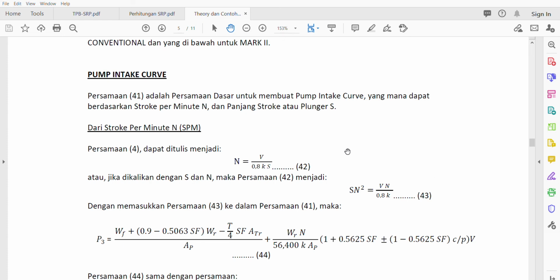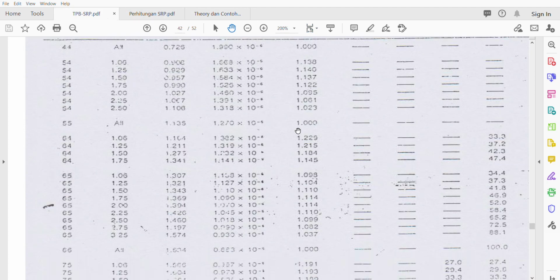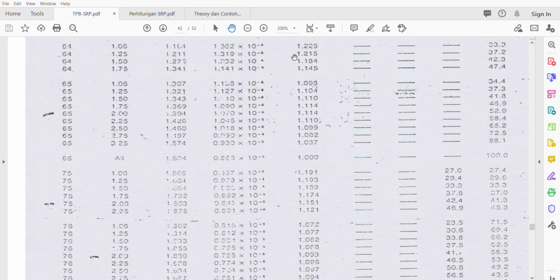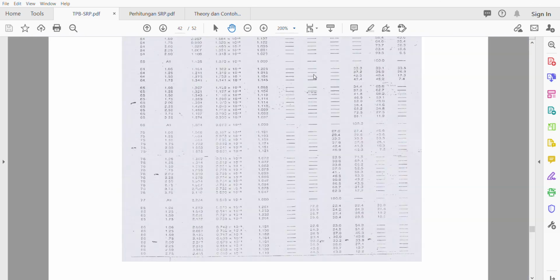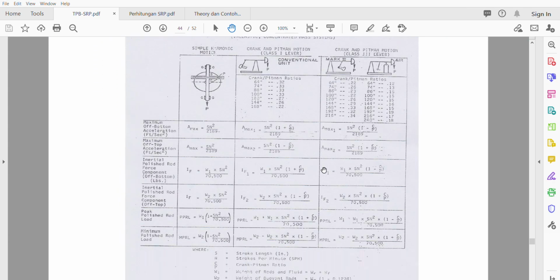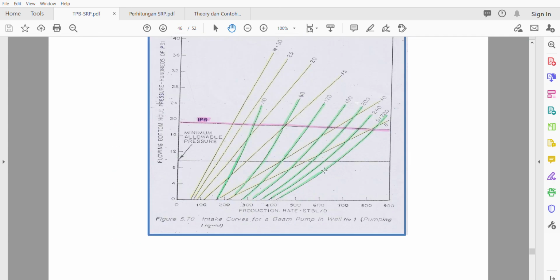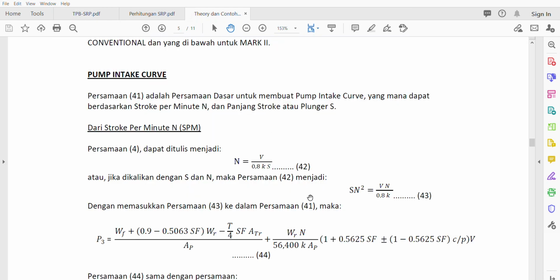Okay, what is the pump intake curve? The pump intake curve is something like this, this one has to be 100%. Much easier for me to see. Pump intake curve, something like this. This is the pump intake curve. This is the IPR curve. This is the pump intake curve.